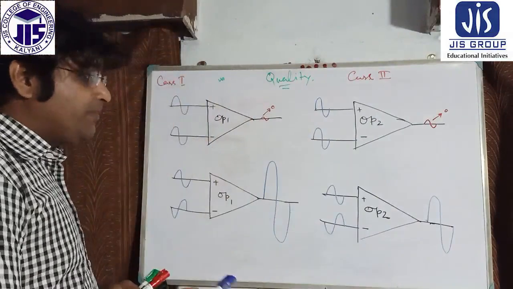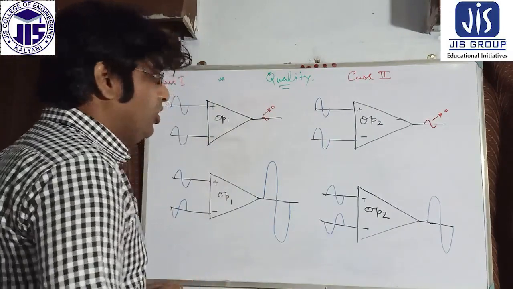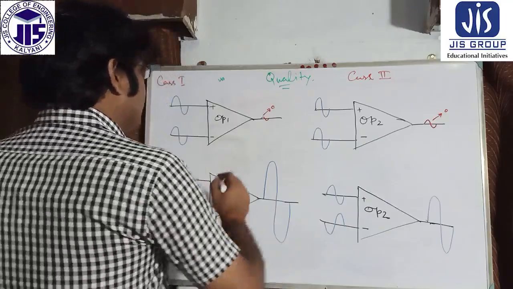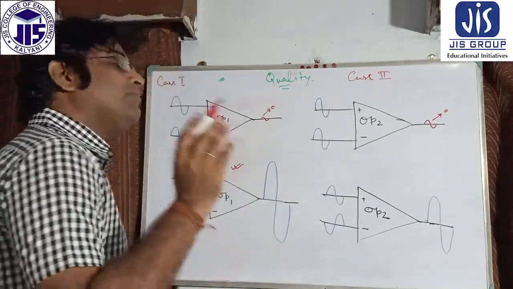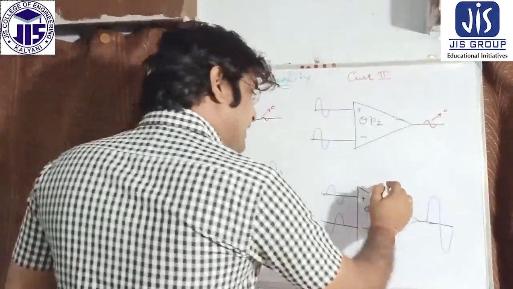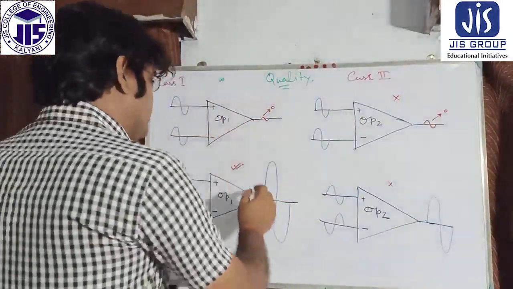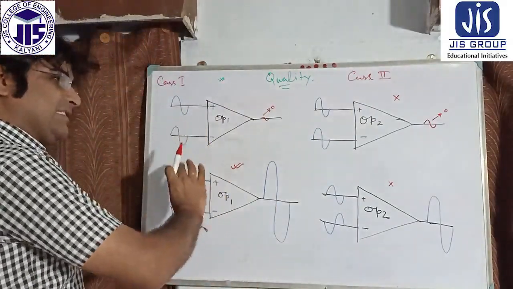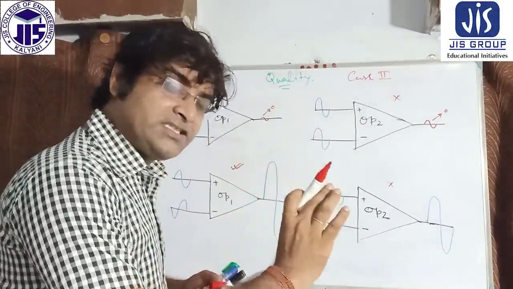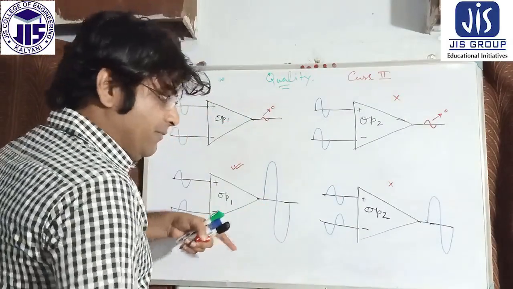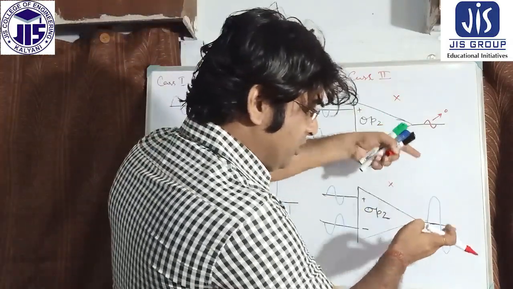On the basis of the concept of quality, this particular op amp is of much better quality than that op amp, because in the case of the difference mode of action, it gives a huge output, while the other cannot give a huge output.